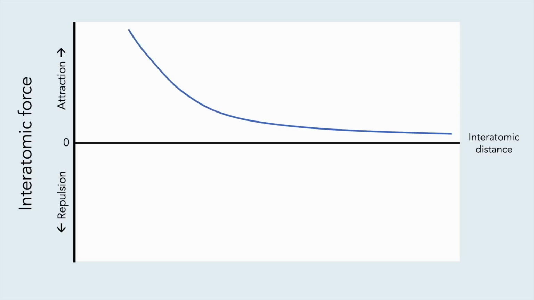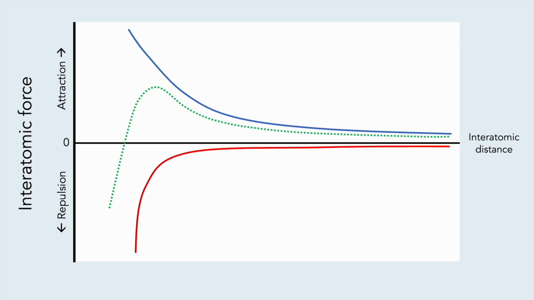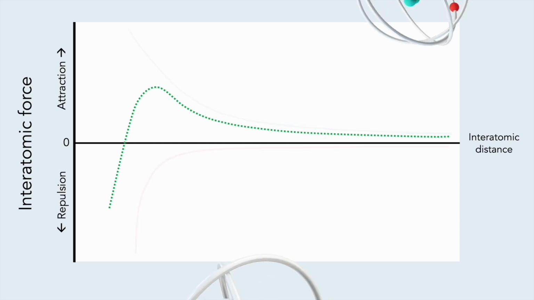The blue curve is the attractive force, and the red curve is the repulsive force pushing the two atoms away from each other. The resultant force curve, which is green, represents the net force experienced by the atoms as a function of atomic distance. So let's see how this actually works.